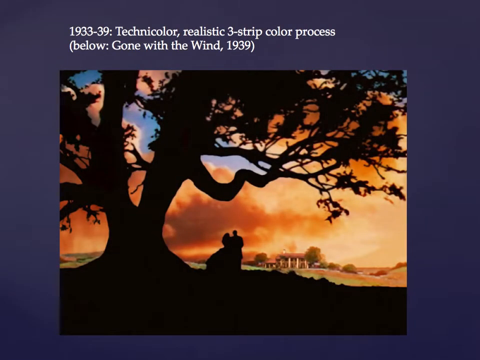And then finally in the 1930s, 1933, we have Technicolor, and this is the realistic 3-strip color process. If anybody should ask you when movies had a realistic color process, you would answer the 1930s. This is from Gone with the Wind from 1939. Beautiful Technicolor film.